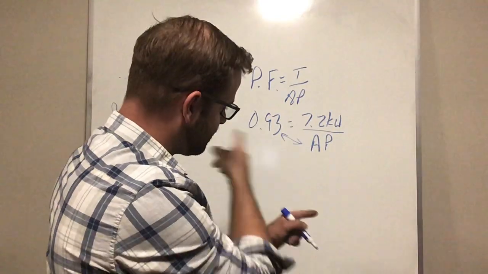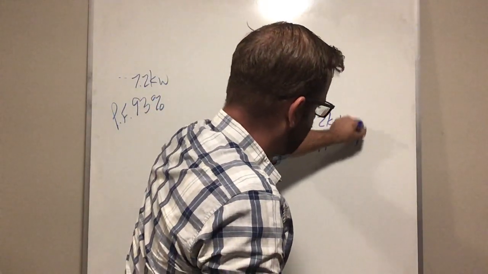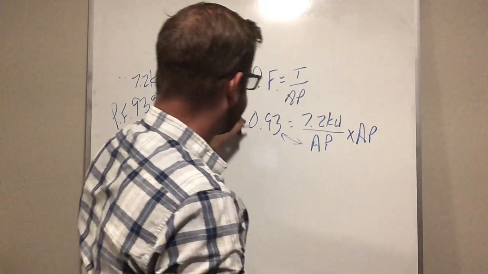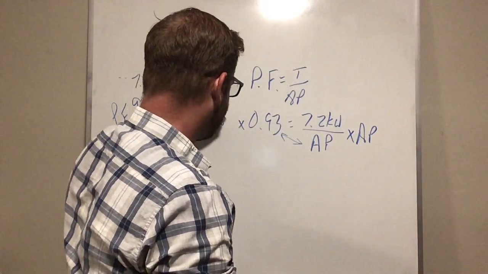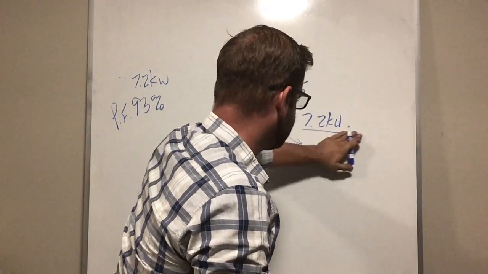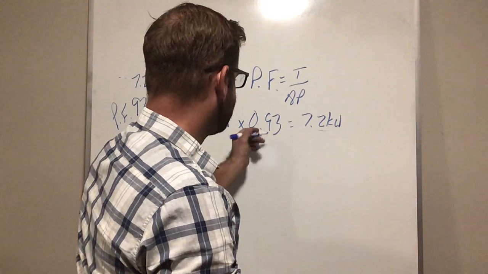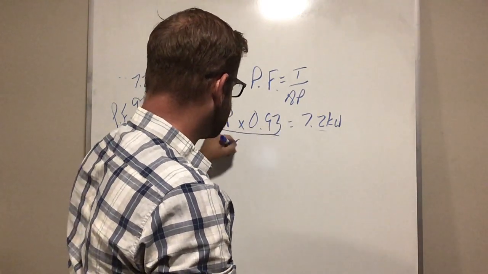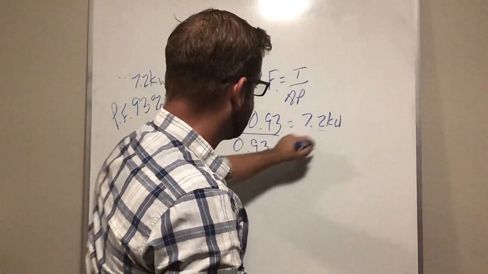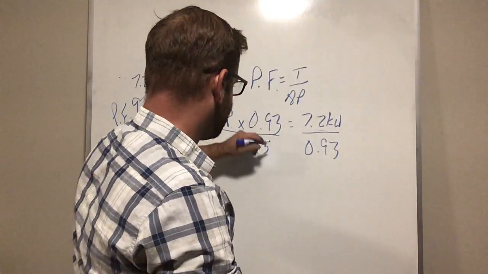You can just do the old swap, but if you did want to know, multiply by apparent power here, multiply by apparent power over here, which is going to cancel out that and that. But once I do that, then I need to divide by 0.93 on this side, divide by 0.93 on this side, so the 0.93s cancel out.